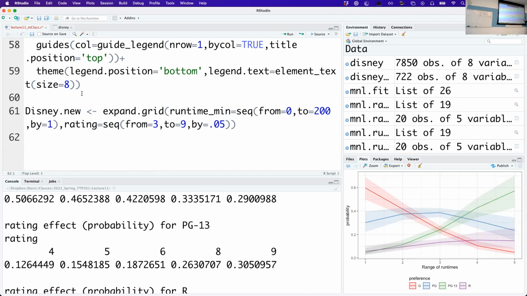Yeah, exactly. So purely predictively, I'm going to just predict the highest likely outcome. So at this point, I'm just going to say that's PG-13. And if I predicted here, I'm going to say, oh, that's PG.